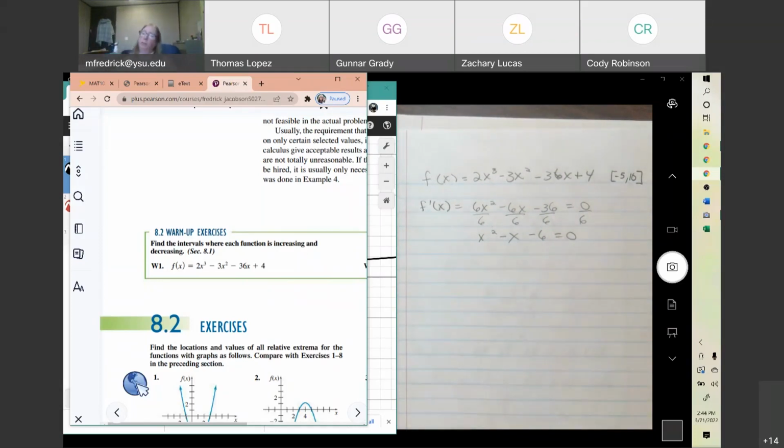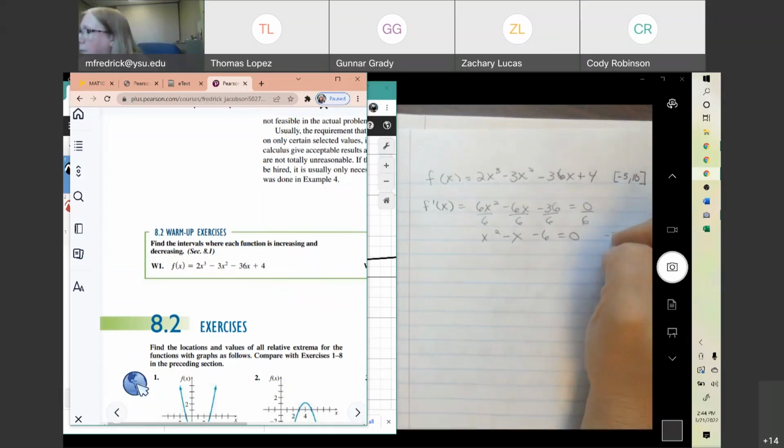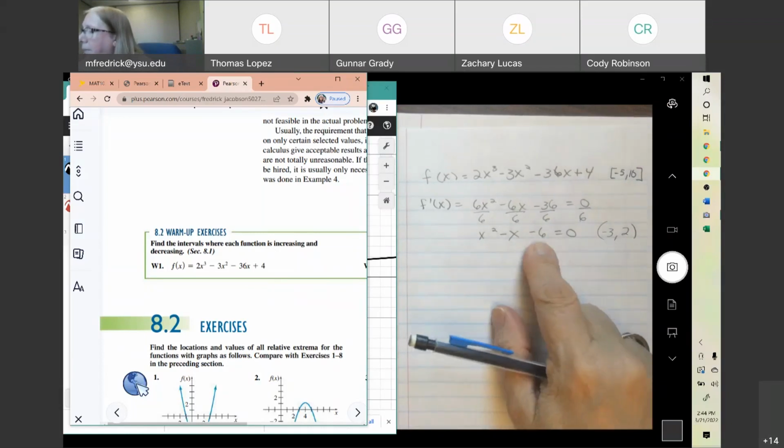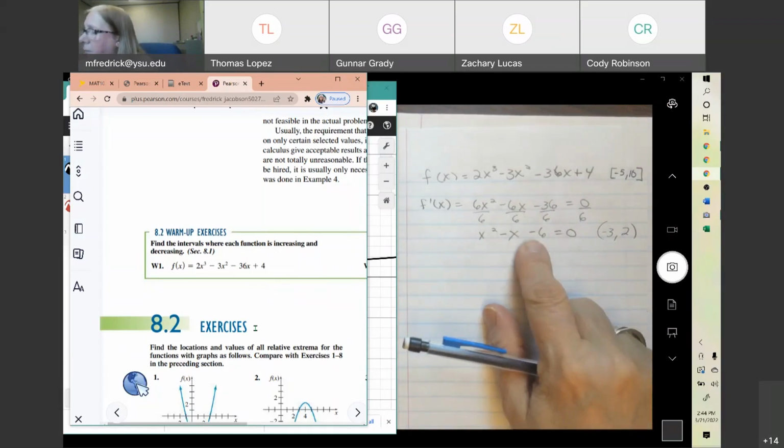Right, so we need two numbers that when we multiply, we get -6. Then when we add, we get -1. Any ideas? -3 and 2. When I multiply, I get a -6. When I add, I get -1.